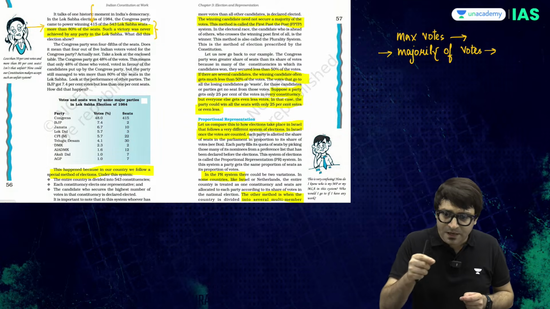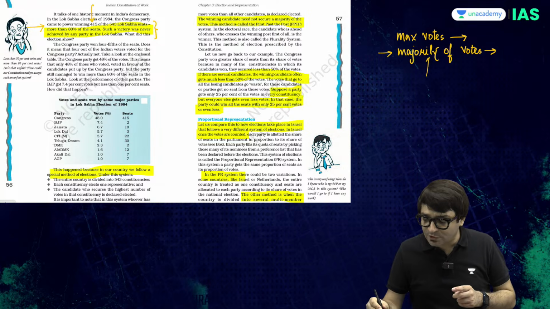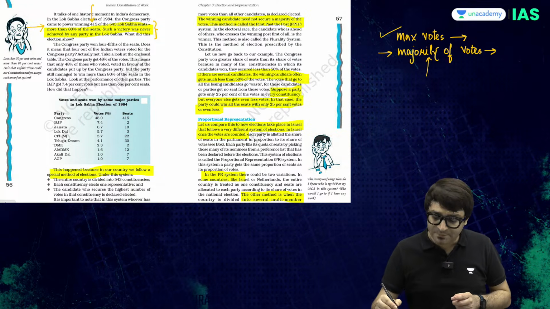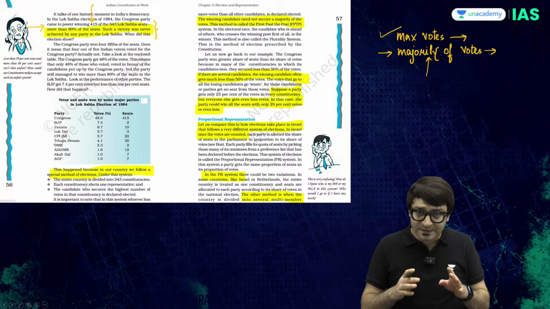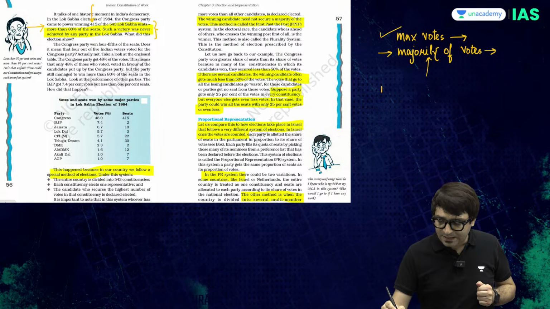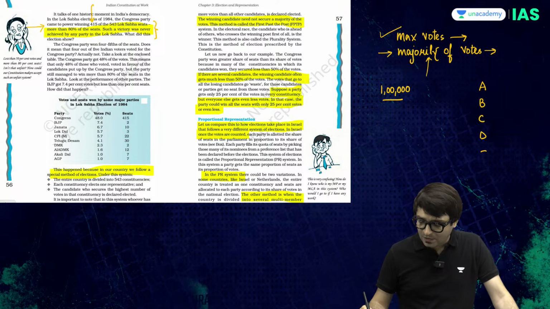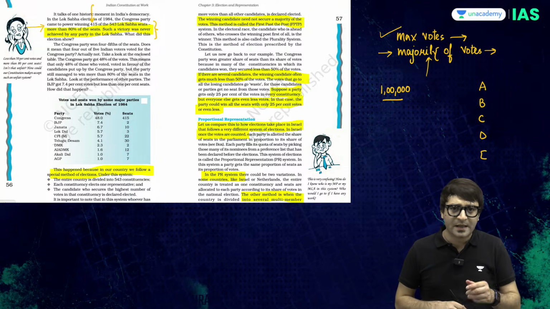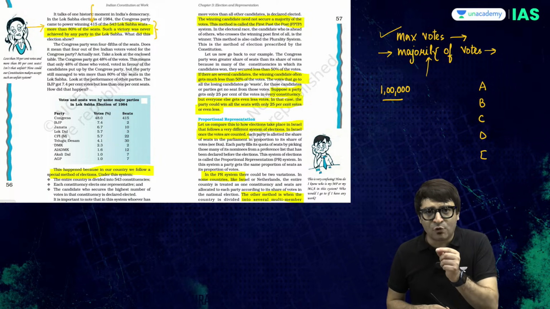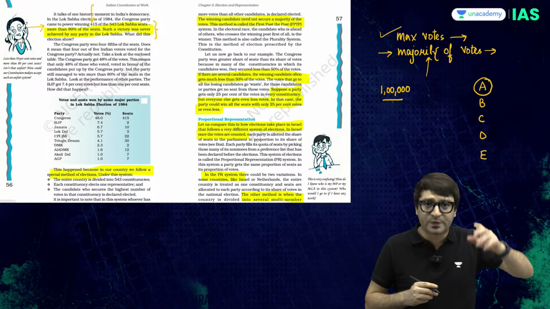But in the first past the post system, we don't decide by the majority of the votes. We decide by the maximum number of votes, which means if in this particular constituency there are 1 lakh voters and there are 5 candidates A, B, C, D, E contesting elections, what is the number of votes that a candidate should get in order to get elected from this constituency?